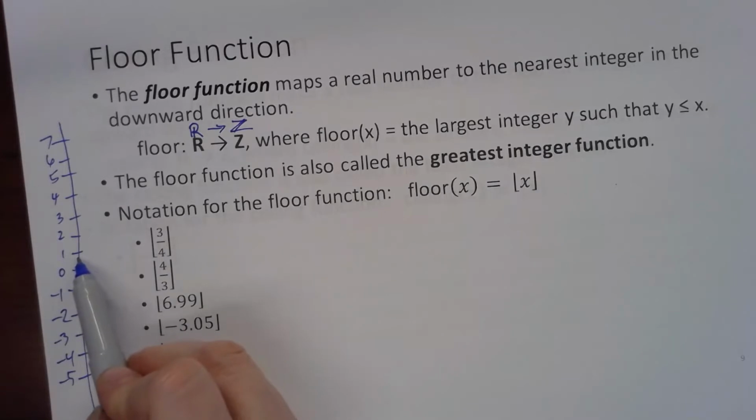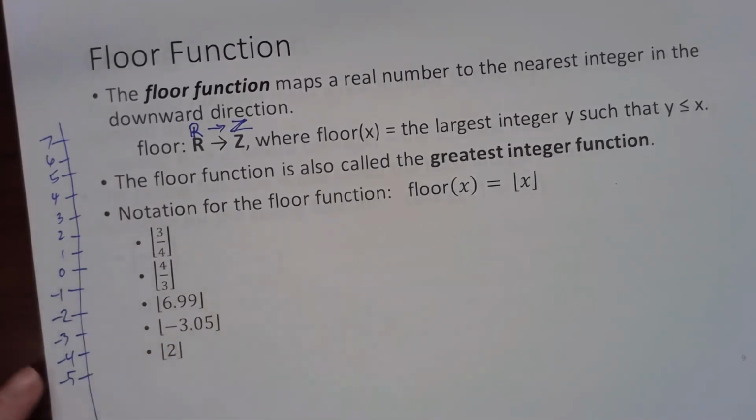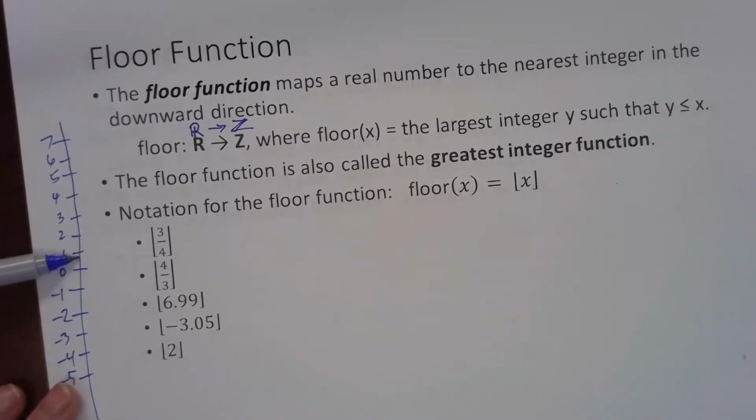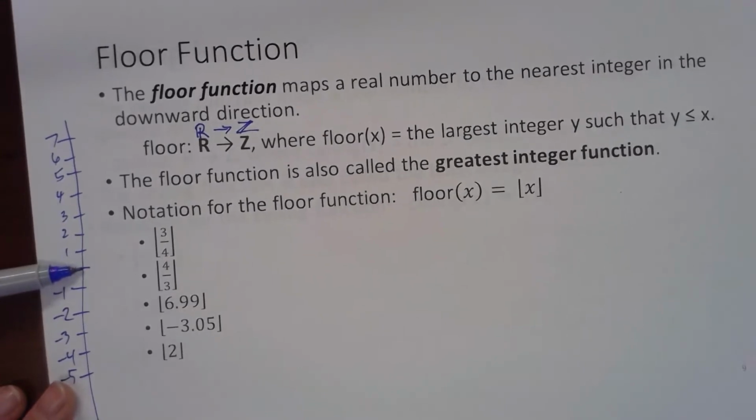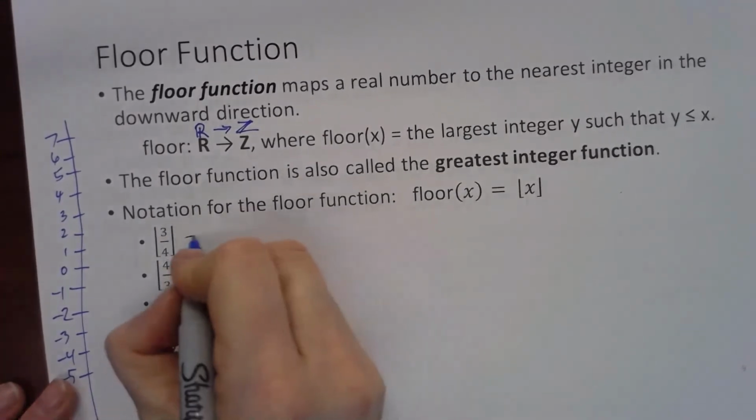So the floor function says, I'm going to map 3/4 to an integer by going down to the biggest integer that is less than or equal to my current position. If I'm at 3/4 and I go down, there's the next integer I get to in the downward direction. So this one is going to map to 0.